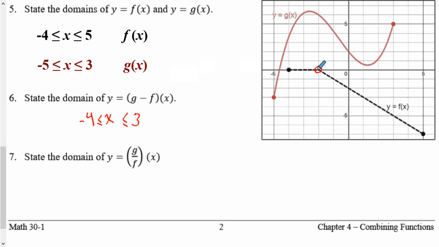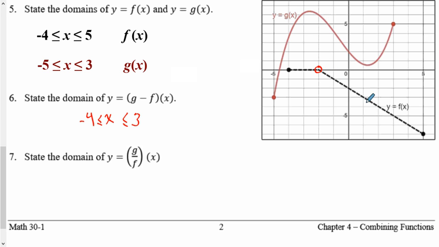Now, I'm left kind of guessing what's happening there. Not exactly sure, so to be on the safe side, I'll say that my f of x function is equal to 0. So I can't do g of x divided by f of x. I'm putting an open circle here. But now I have some values here that I can divide.